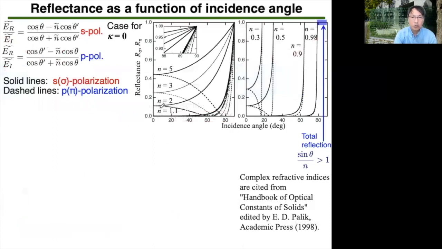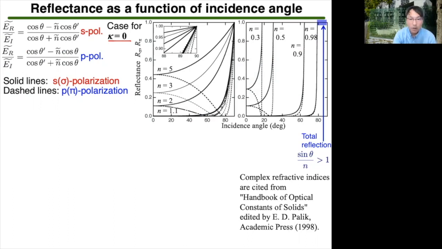These graphs show the simulation of the incident angle dependence of the reflectance for different real number refractive indices, assuming kappa of 0, which are rather unrealistic parameters. The solid line stands for the reflectance in the S polarization, whereas the dashed or dotted line represents the reflectance in the P polarization.